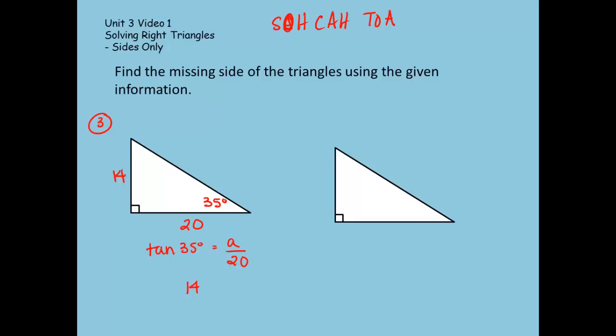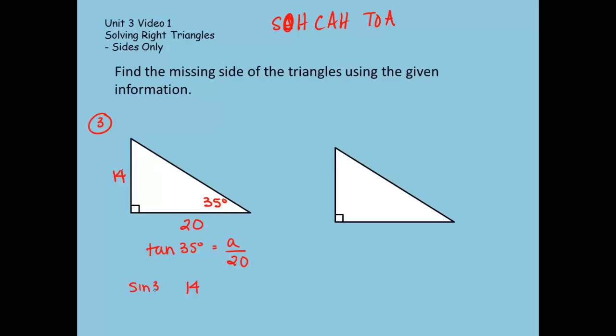Now that I've got that, I can go ahead and use the Pythagorean theorem to find the other side, or I could use trig. I got this random 14 that I wrote down here, so I'm going to use sine.